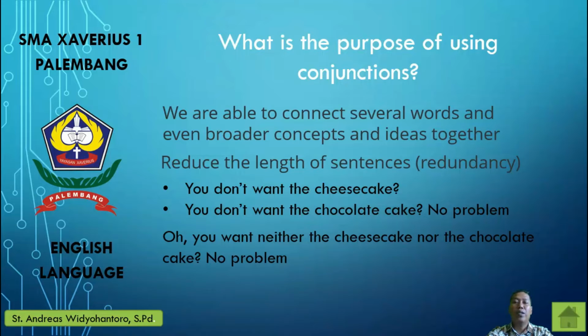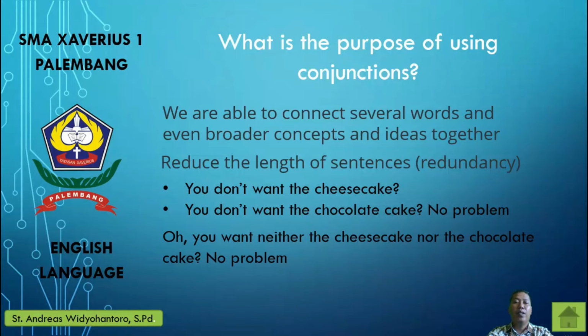You have two sentences. The first, you don't want the cheesecake, or you don't want the chocolate cake. It's no problem to reduce the length of the sentences or the redundancy. We can use: you want neither the cheesecake nor the chocolate cake.